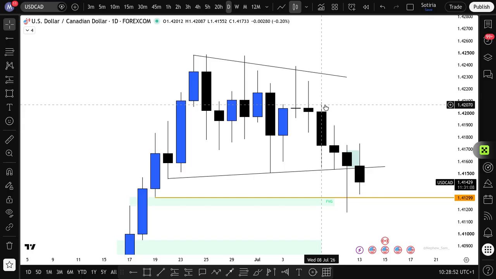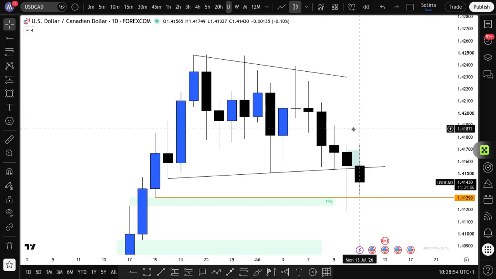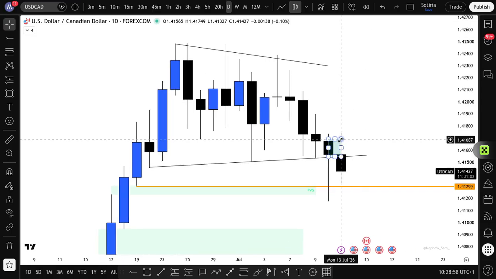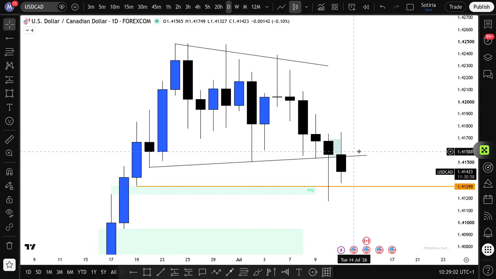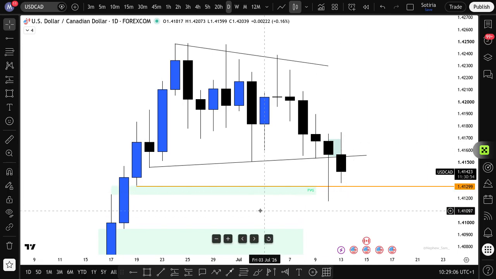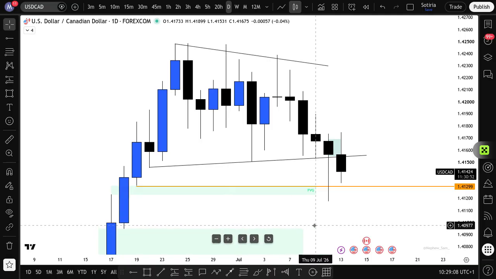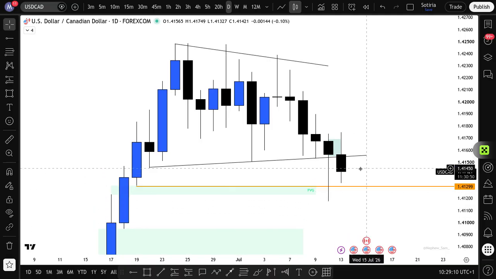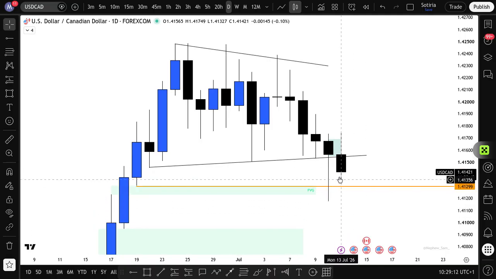It's not only present on the 4-hour time frame, we can also see it clearly on the daily. And the fact that price was able to close above this shows how strong this FVG is, and there is a possibility of price moving from here to the top.